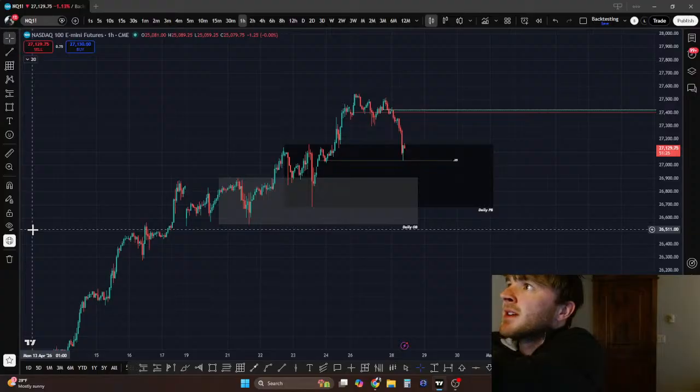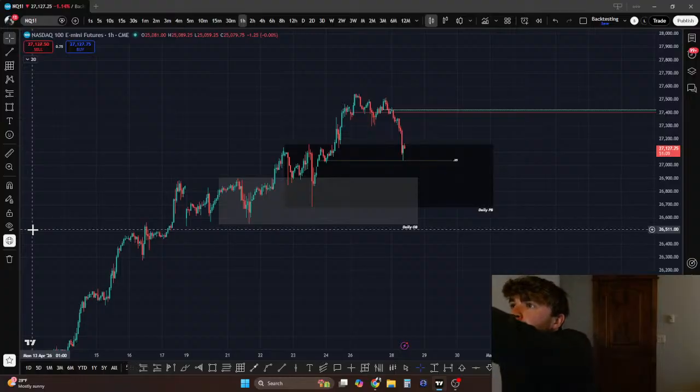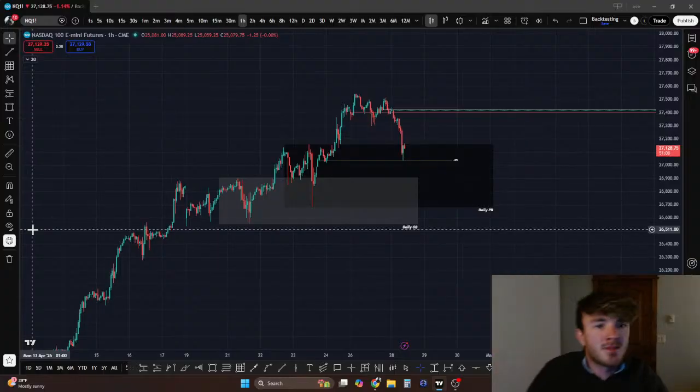Like, I know the indicator is helpful, but it's not perfect. Sometimes it is better just to find them SMTs manually. But yeah, every day I'm just improving systems, learning.